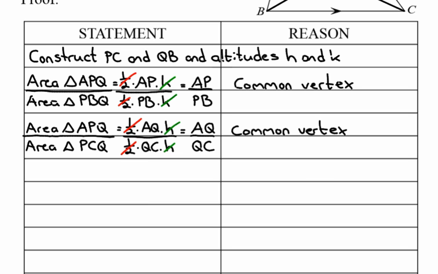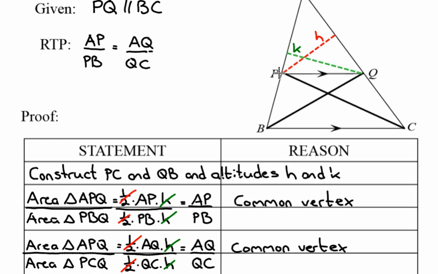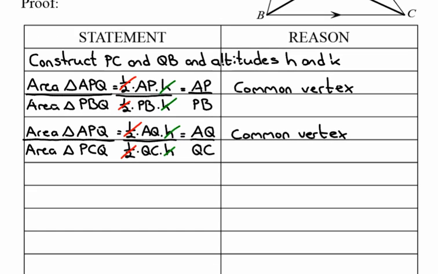But now the area of triangle BPQ and triangle PCQ, they have equal areas because remember they've got a common base and they've got exactly the same height. So if they've got a common base and the same height, their areas are exactly the same.